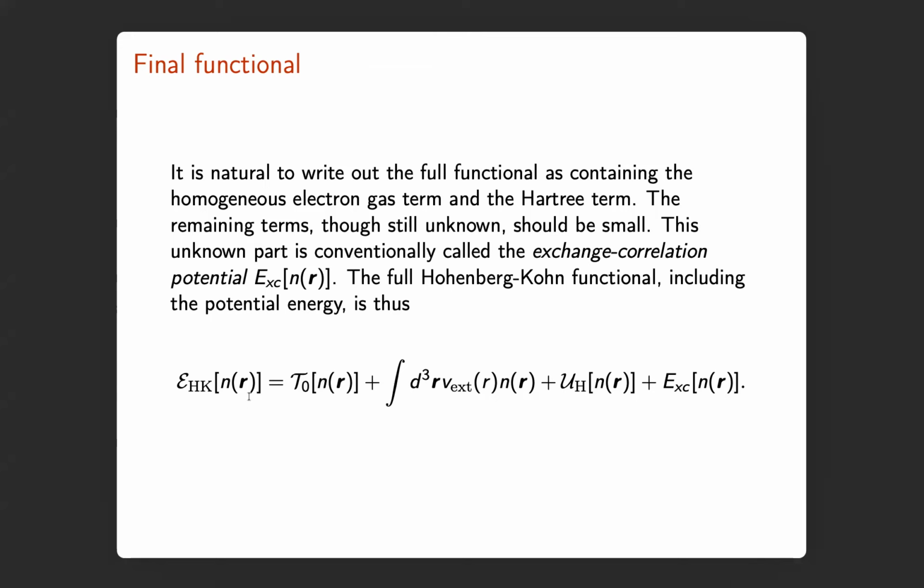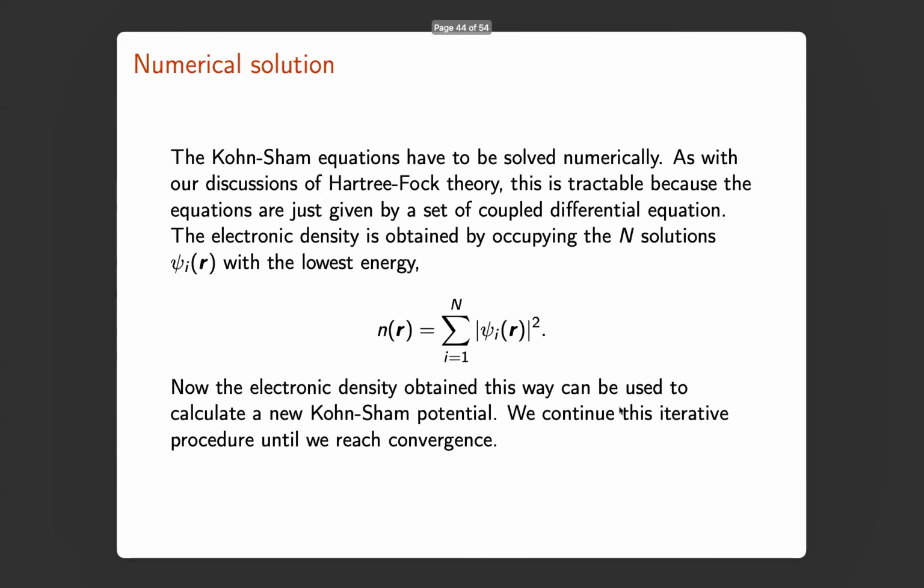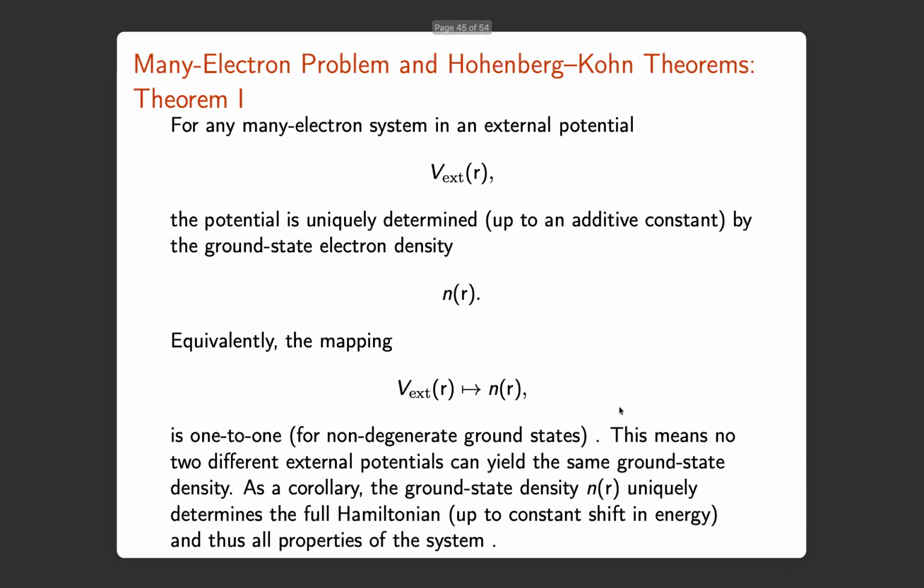So this is the starting point for the Hohenberg-Kohn functional. But then we need to look at how we arrive at these different terms. And if you scroll down here a little bit, we are going to derive the so-called Kohn-Sham equations, but we're also going to look at the Hohenberg-Kohn theorems. So this will be partly tomorrow.